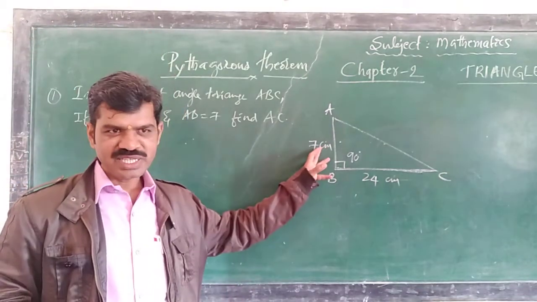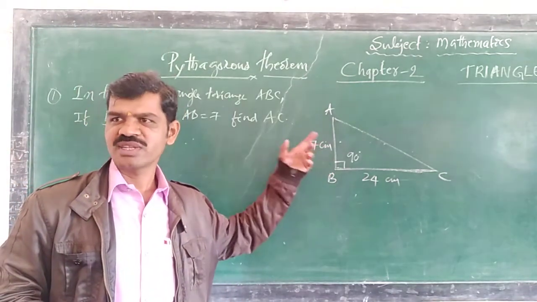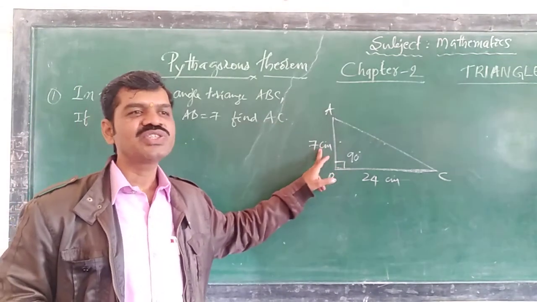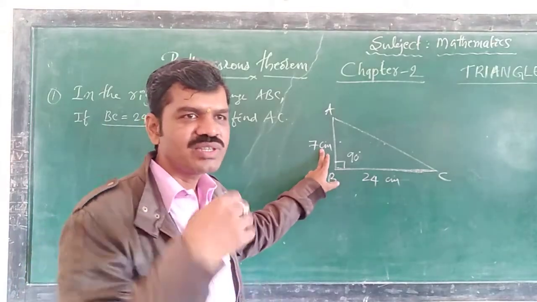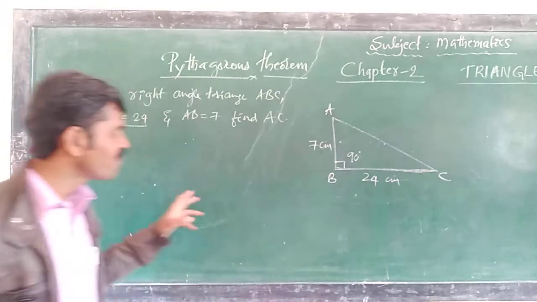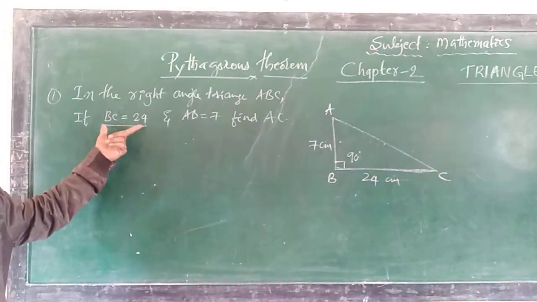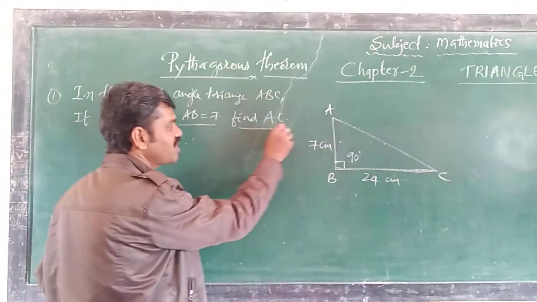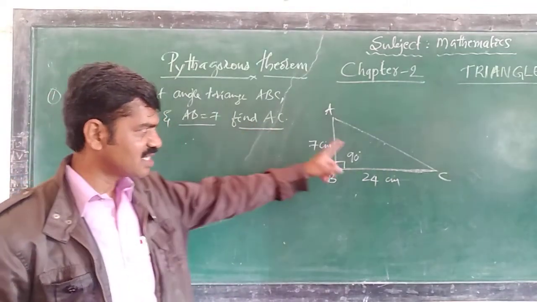You may take centimeter, meter, kilometer, millimeter, whatever. The unit is according to your desire. If it is given as centimeter, it is centimeter only. So these two sides have been given in the question. We have to find out the value of AC.